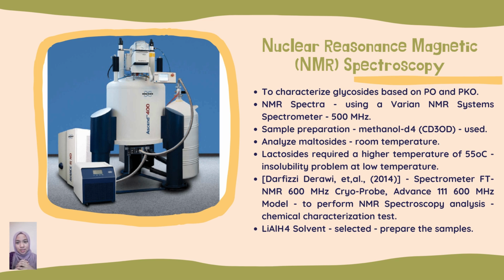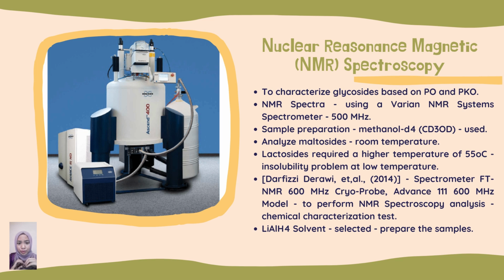For this instrumental chemical analysis, recent research utilized the spectrometry HNMR in order to identify and characterize the glycosides based on the PO and PKO. At 500 MHz, NMR spectra were obtained using a Varian NMR system spectrometer.